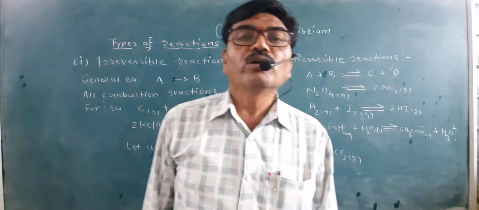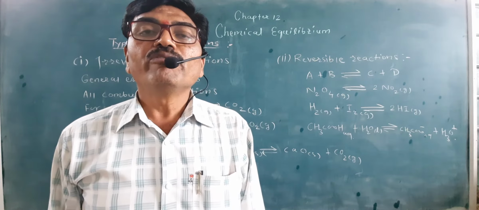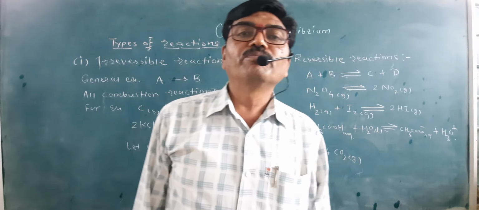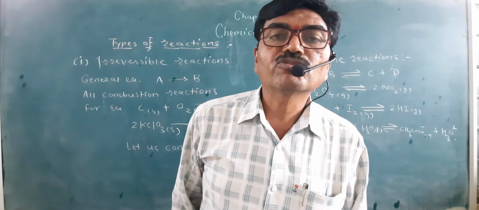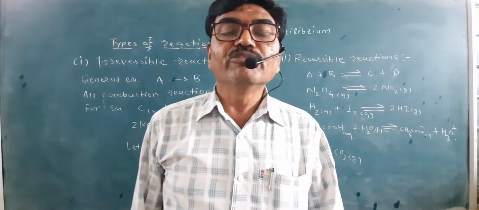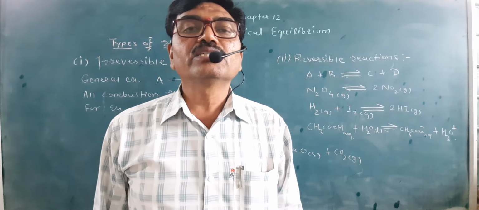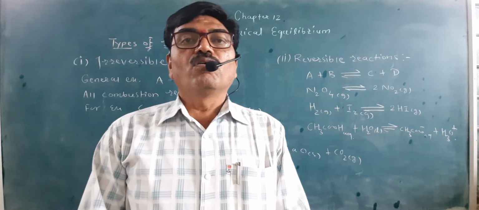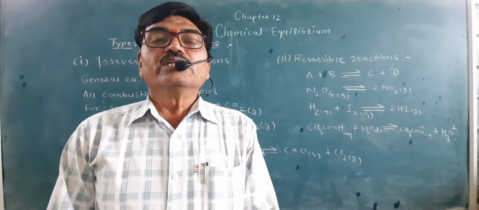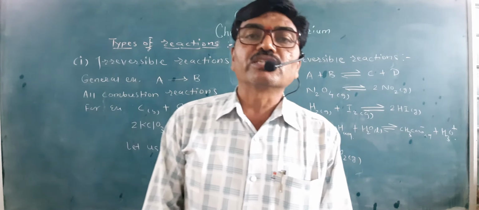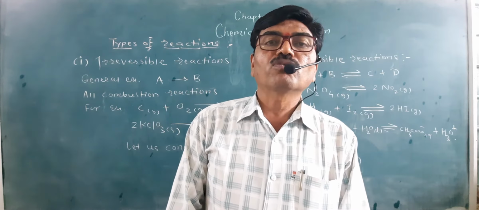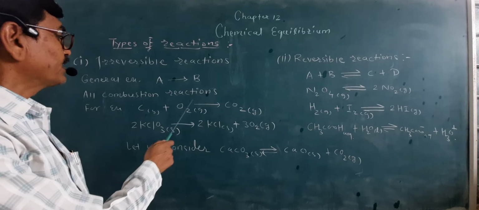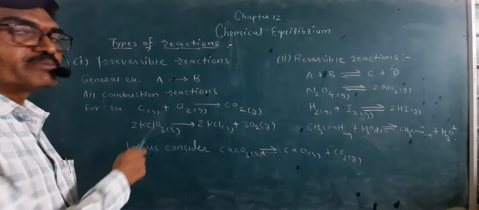Furthermore, when we wander in the garden, we smell the fragrance of the flowers. That is also an example of an irreversible reaction. These reactions occur in nature. A very well-known example of irreversible reactions is that all combustion reactions are examples of irreversible reactions.